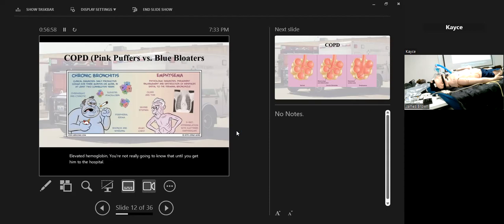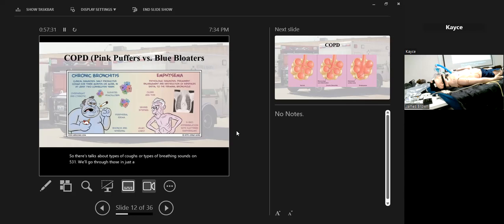Peripheral edema, so they'll have swelling in their hands and feet. Rhonchi or wheezing cough. There's talk about types of coughs or breathing sounds on page 531. We'll go through those in just a minute.